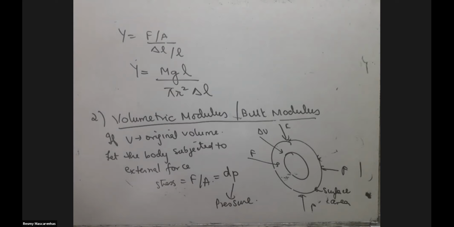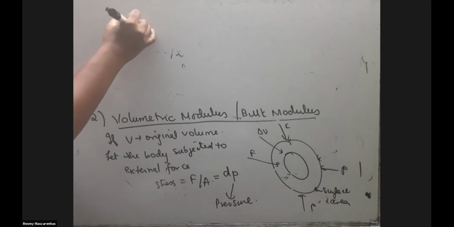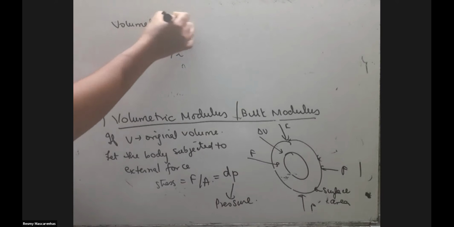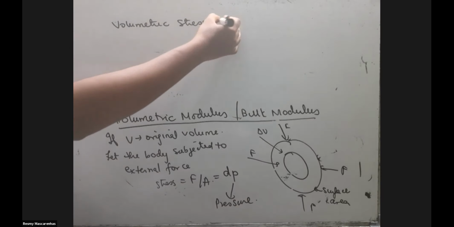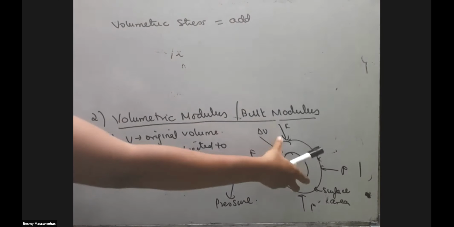So it's like an additional pressure to it. Sometimes we can also write volumetric stress as nothing but some kind of additional pressure on the body.